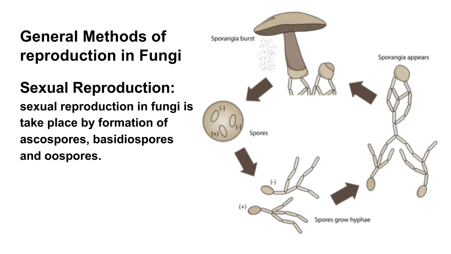Spores will disperse with the help of air and fall down on land. Spores grow hyphae and again sporangia appear on hyphae, and sporangia have spores, and spores will again disperse and the life cycle will start again.